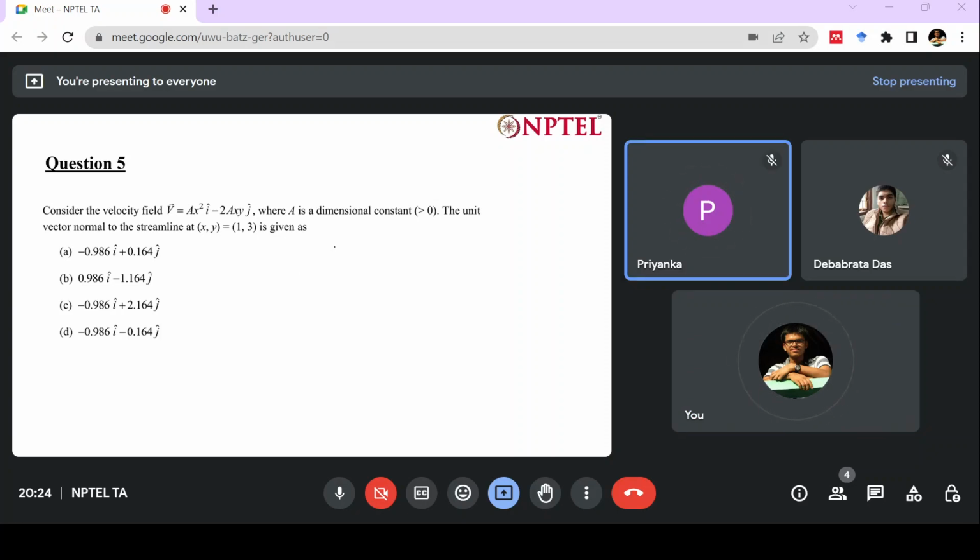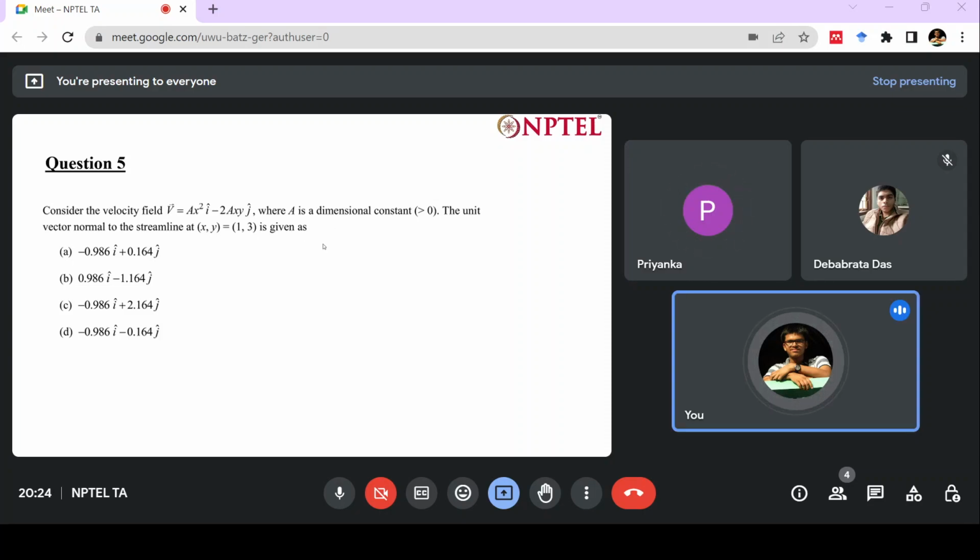Yes, tell me. Should we consider Euler's equation here? There is nothing to do with Euler's equation. Euler's equation is basically relating your velocities with the applied forces. So here velocity is already given. So velocity is not an unknown. So you don't need Euler's equation, right?